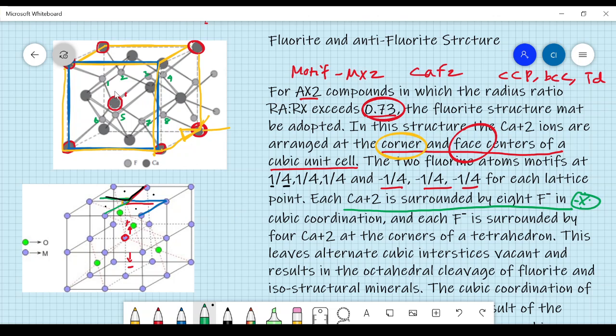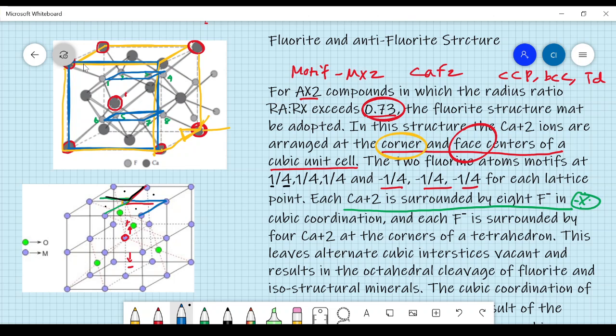These 8, you can just see how they are plotted there. You can even join them together like this, so that forms another cube within the cube, but the arrangement is different.